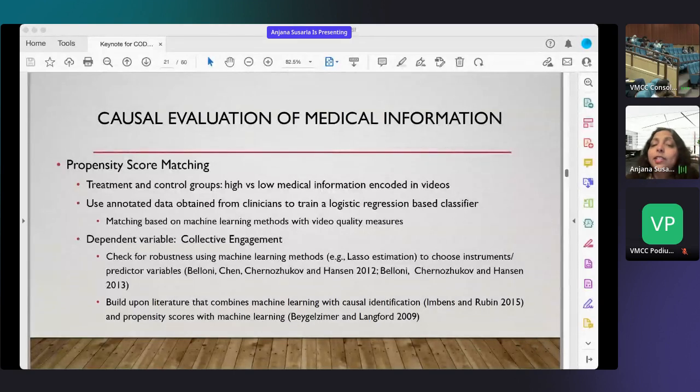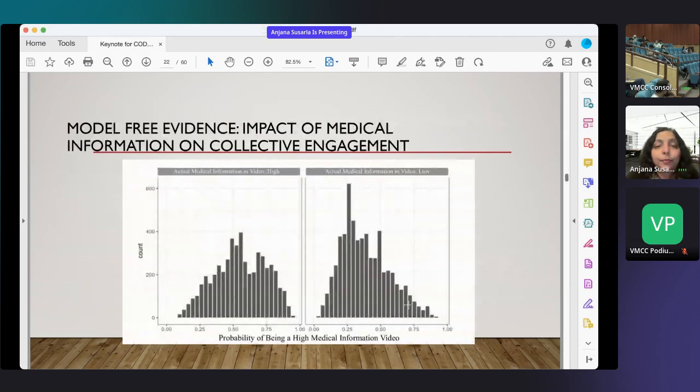And we trained a logistic regression based classifier. And then we examined how the medically relevant information is impacting popularity of video, the engagement metrics with videos, and so forth.